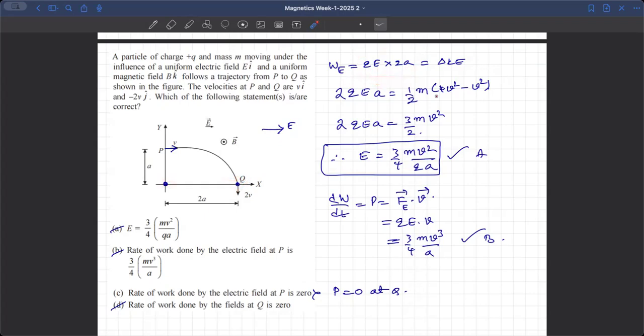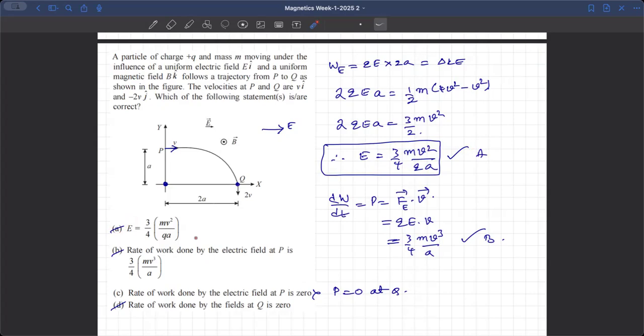By the work energy theorem, work done is the change in kinetic energy. So 2QEA is half m 4v square minus v square, which means 2QEA is 3 by 2 mv square. E accordingly is 3 by 4 mv square by QA. This is the first option and it is correct.